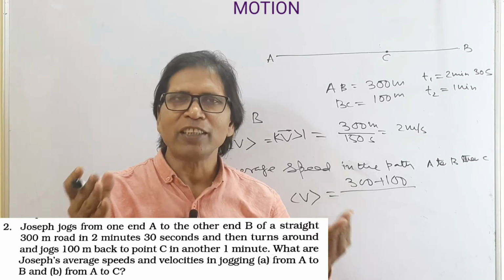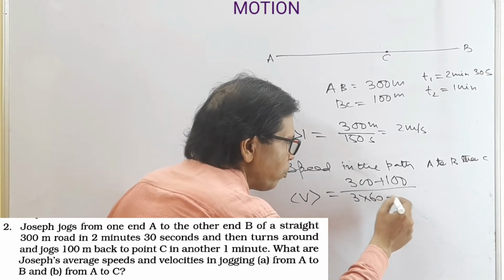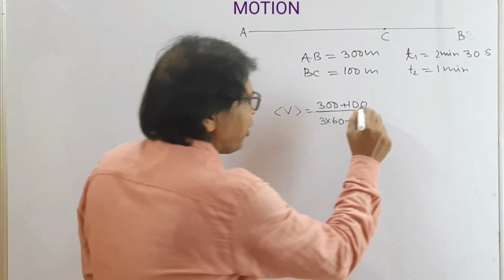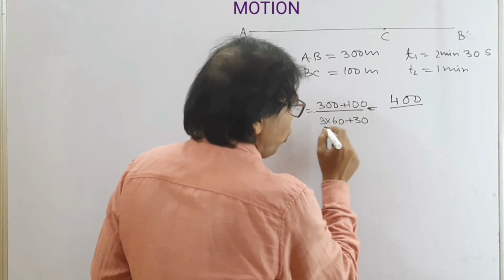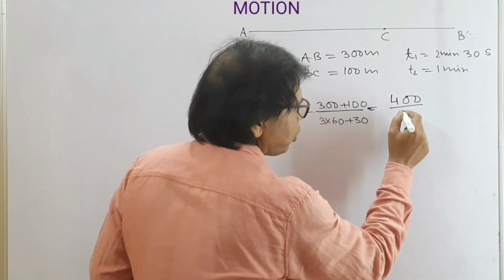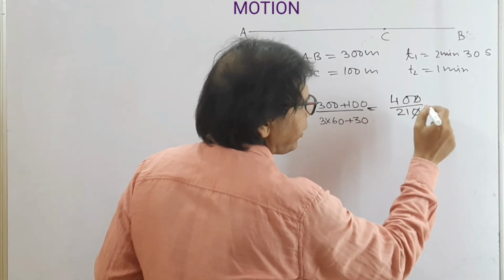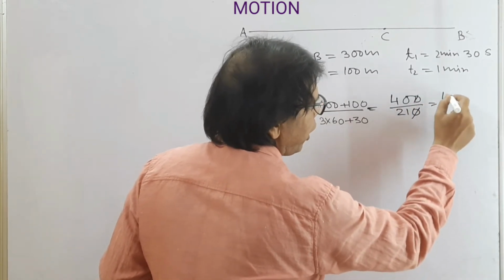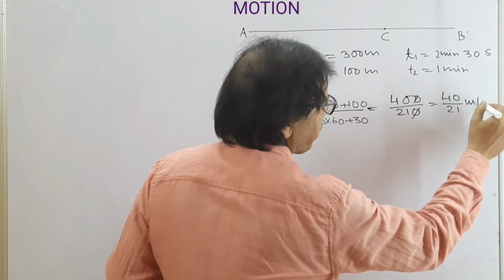Now 3 minutes means 3 into 60 plus 30. Now this equal to 400 divided by 180 plus 30, so this is 210. Now this and this cancel out, so this is 40 divided by 21 meter per second.